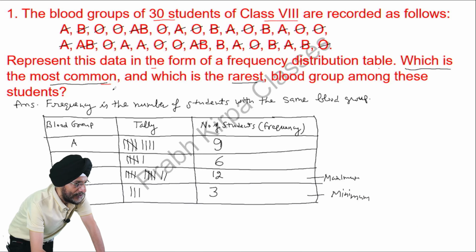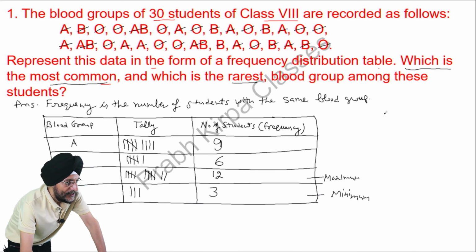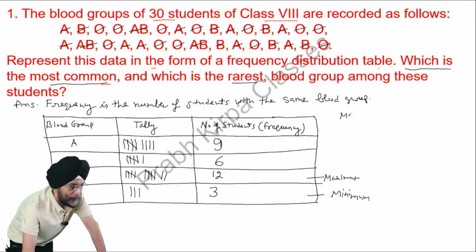So first we will find which is the most common blood group. The most common blood group is the blood group with the highest frequency.